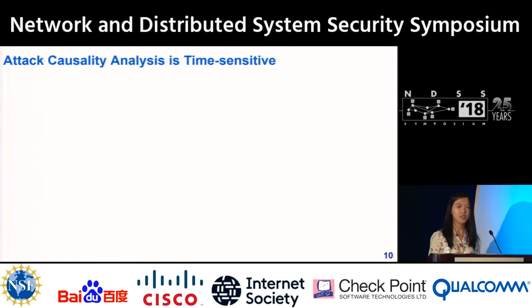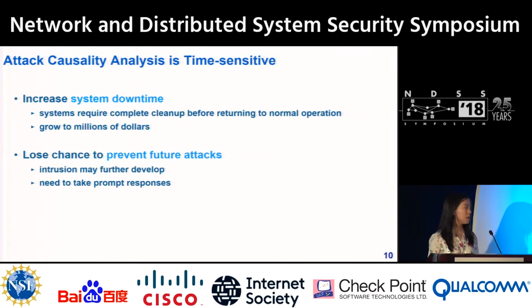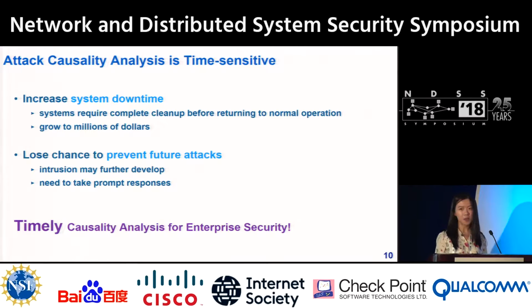time-sensitive mission due to two reasons. First, if the causality analysis is really slow, the system downtime will be increased because we want some complete cleanup before we can safely return to normal operations. And as a result, financial losses can grow to millions of dollars.